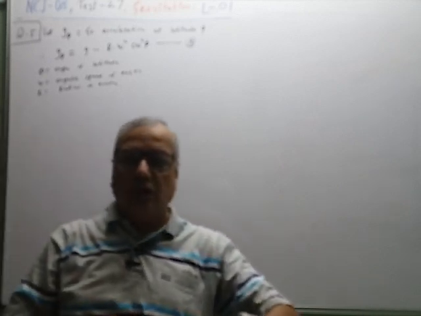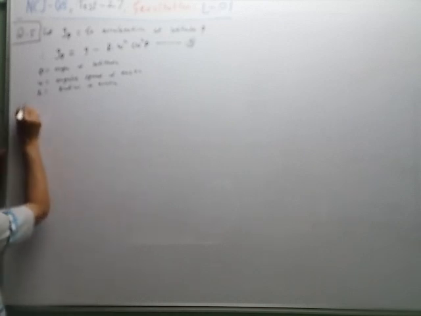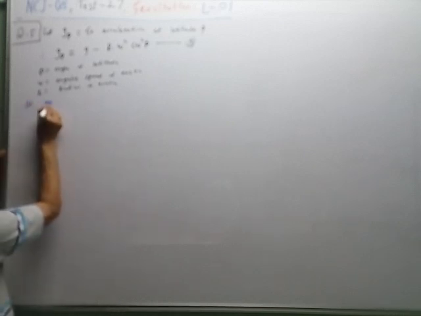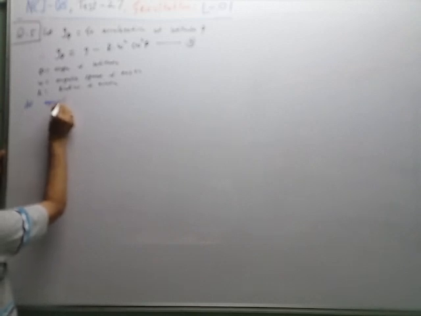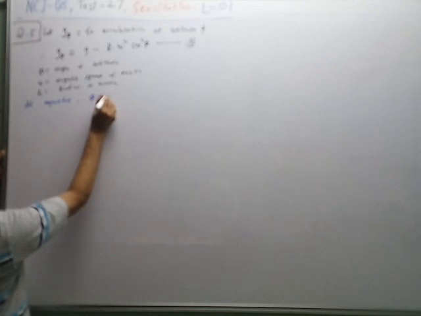Now, our problem is at equator. So what will happen at equator? At equator, phi is equal to 0 degree.